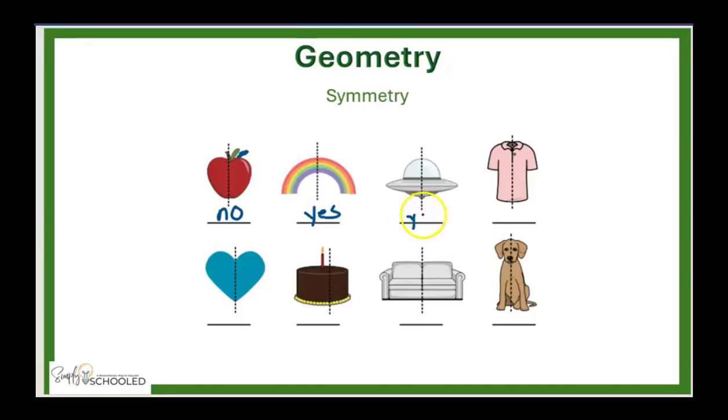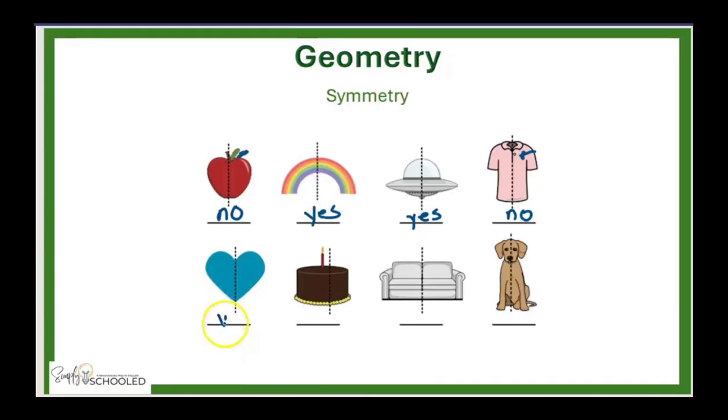And yes, on this little spacecraft, that is a line of symmetry. And look at the coat. Again, at first you might think it is, but look closely right here at this button. It's not on both sides, so this is not a line of symmetry. You have to look very closely to make sure both sides are exactly the same.